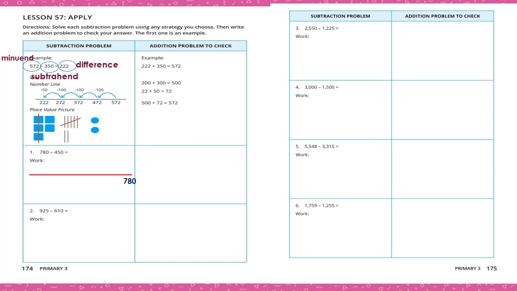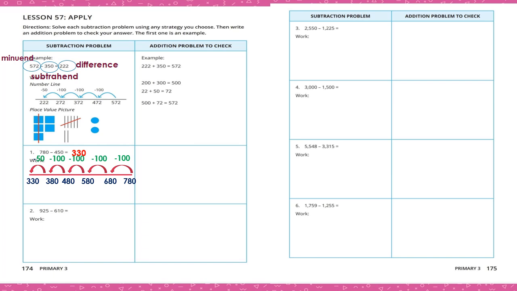So, go back 4 times. 780 minus 100 equals 680. Minus 100 equals 580. Minus 100 equals 480. The last one, minus 100 equals 380. Don't forget 50. So make minus 50 equals 330. So the difference here equals 330.